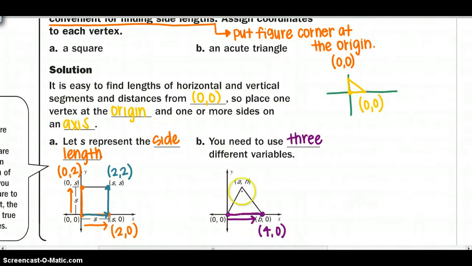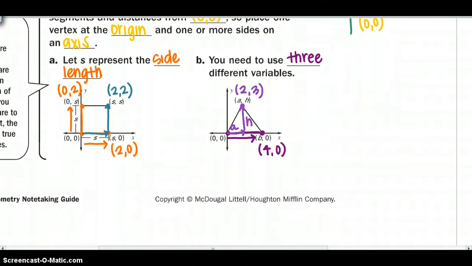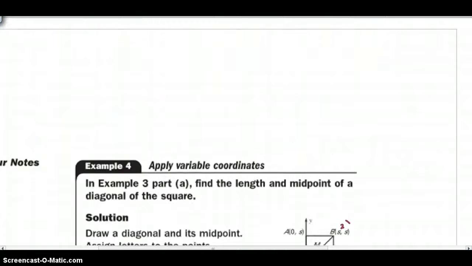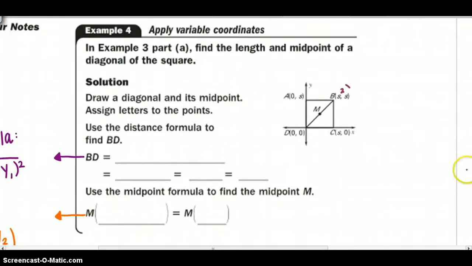And then we need to use 2 different variables because we're going to go over A units and up H units to find this vertex. We're using 2 different variables because we're moving different units. So maybe we could think of this as 2, 3. That coordinate proof is for many, many different types and sizes of shapes.